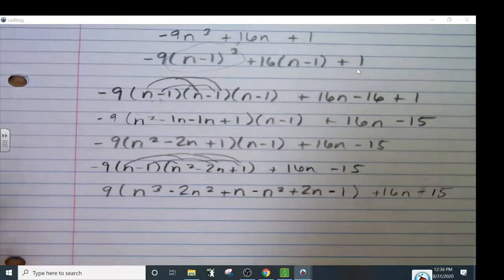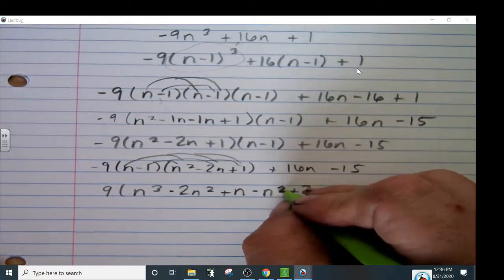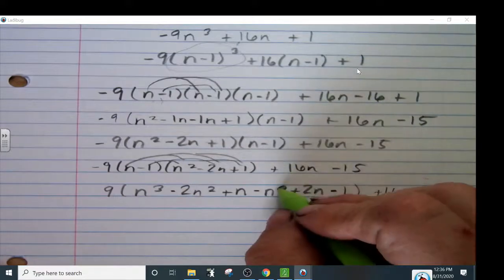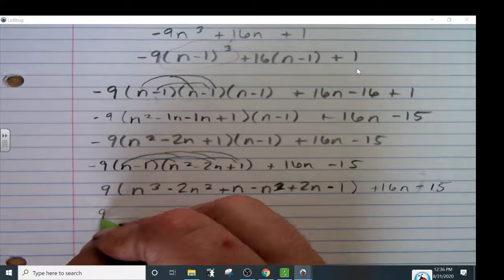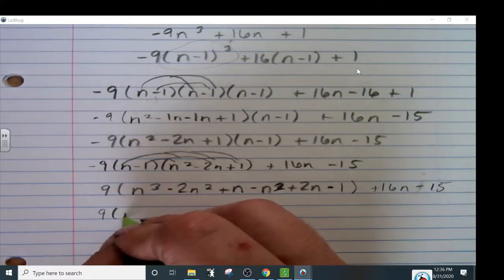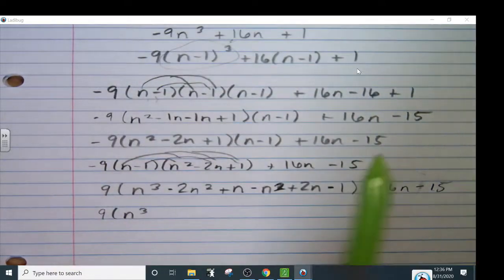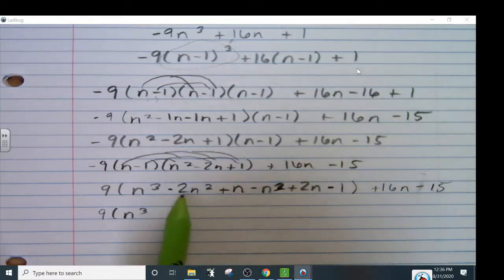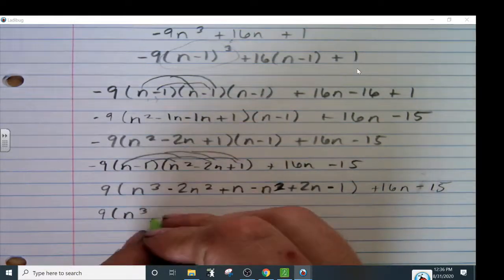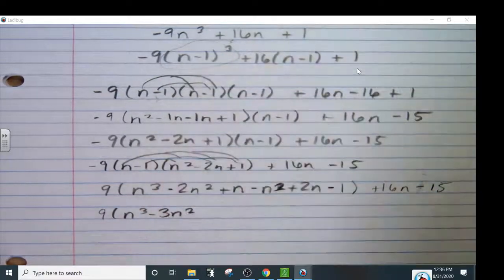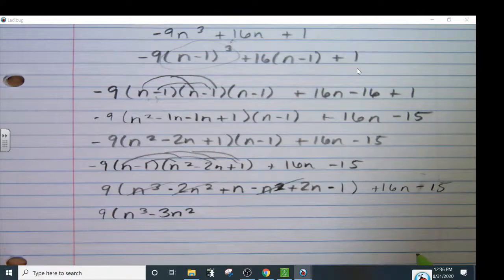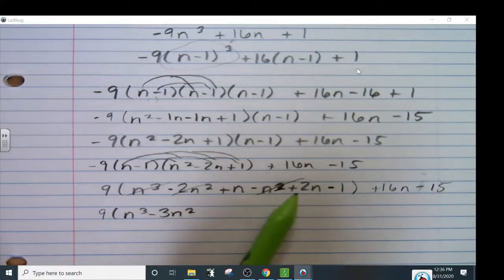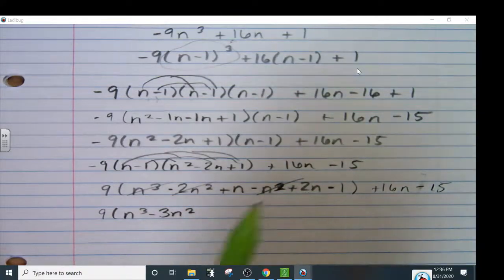All right, so n cubed is going to be by itself. I've got these two n squares here, so that's going to be, all right. So we got that gone and those two gone. Then we got these two n's to the first power. That's going to be 3n.